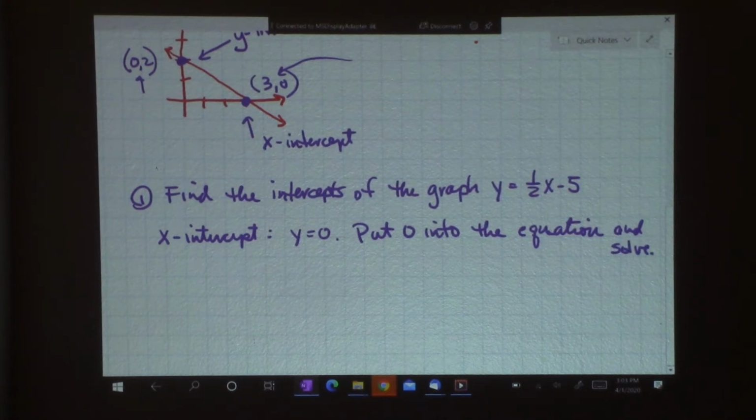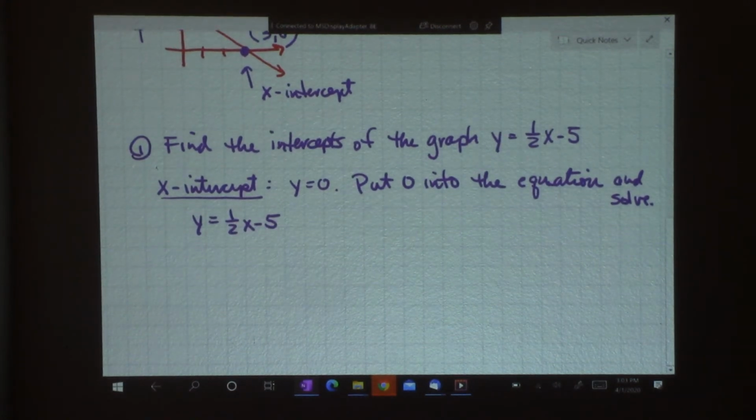All right. So I have y equals 1/2 x minus 5. And I'm going to put 0 in for y. That's there. And now I'm going to solve for x.